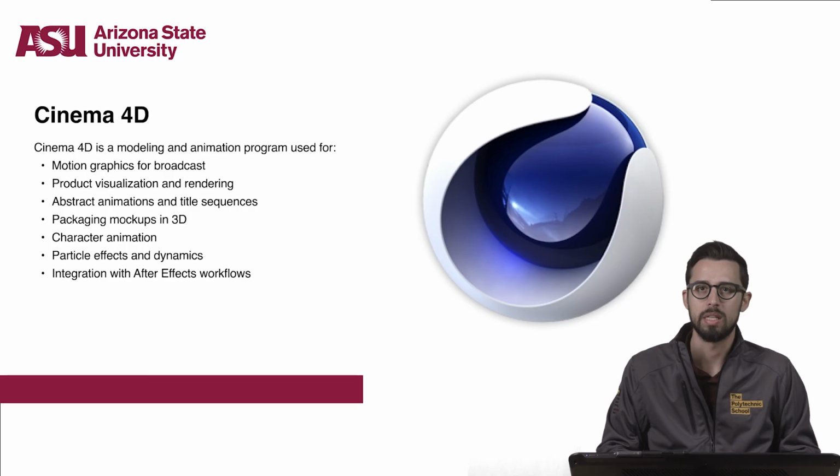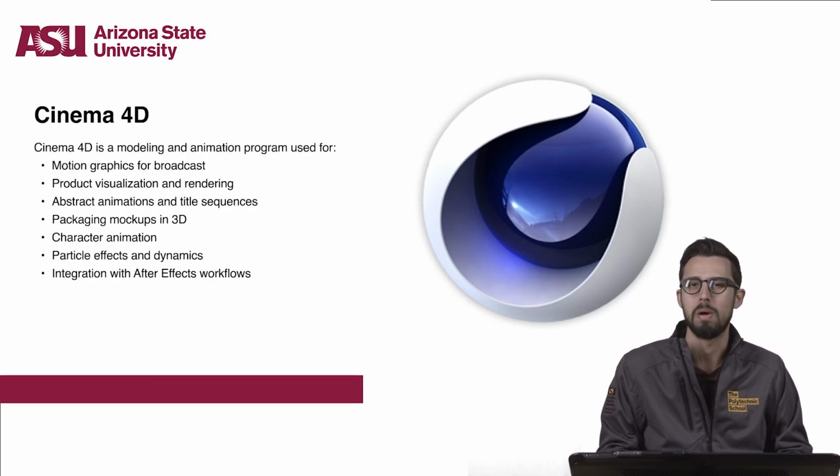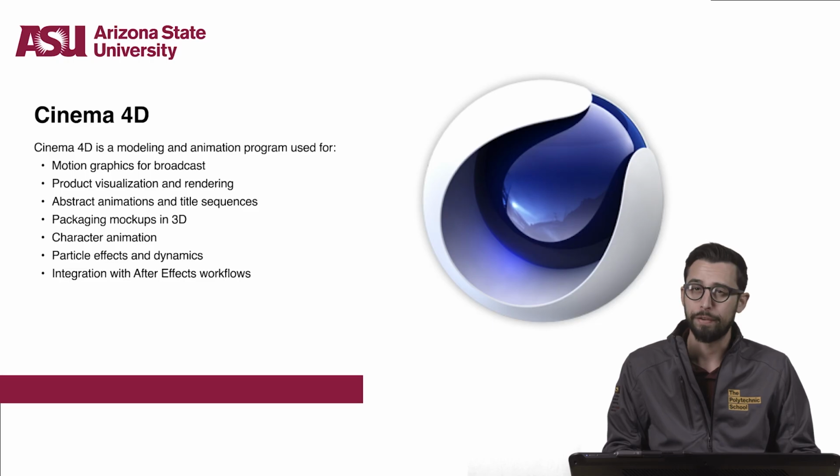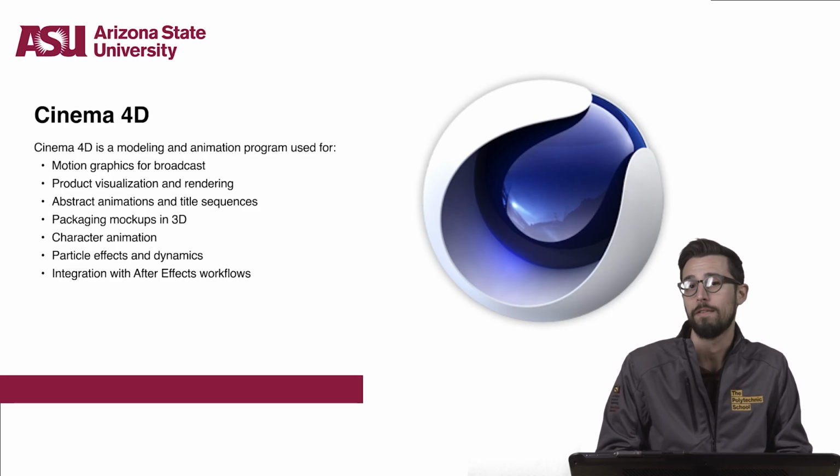Cinema 4D is the industry standard for motion graphics and 3D design, particularly in advertising and broadcast media. It is known for being more designer-friendly than other 3D programs, with a much cleaner interface and tighter integrations with things like After Effects.